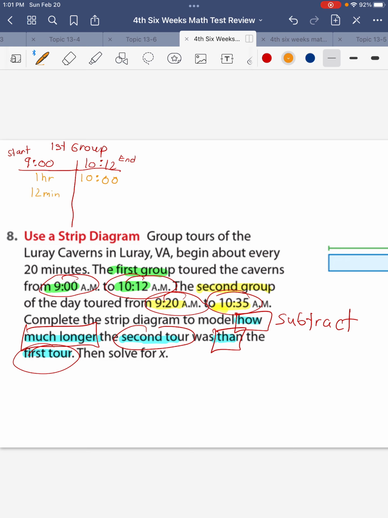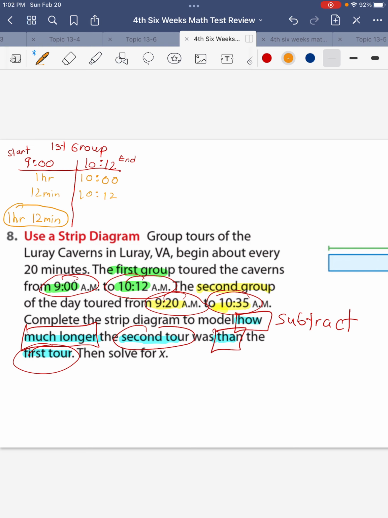If I add 12 minutes, then I get to 10:12. And that's what I wanted to do. They're both 10:12 now. So now I know that for the first group, the tour was 1 hour and 12 minutes. I'm going to circle that. That's how long the tour took.